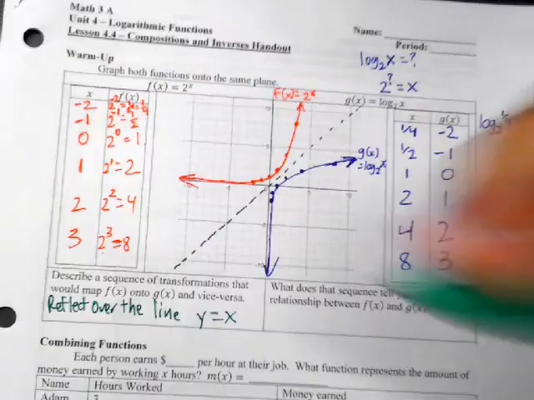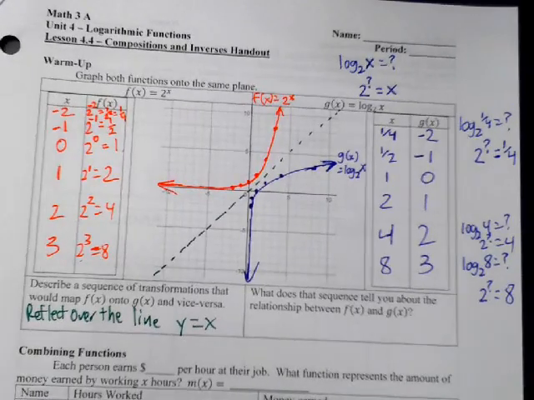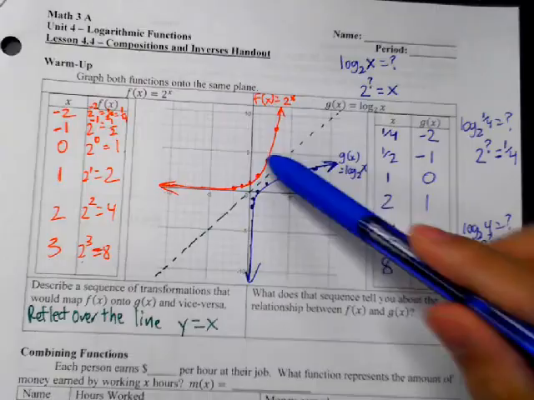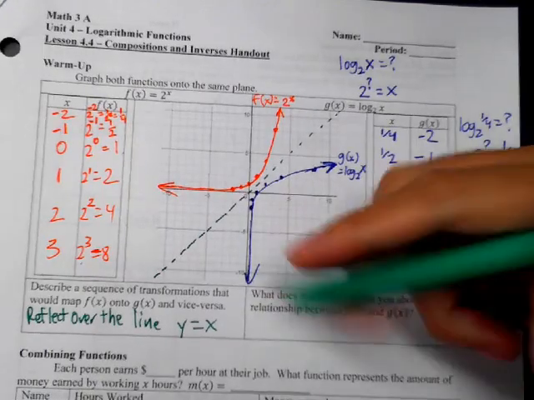And then we saw this back in Unit 3, but we know that when 2 functions are reflections over y equals x, that means that they are inverse functions of each other.